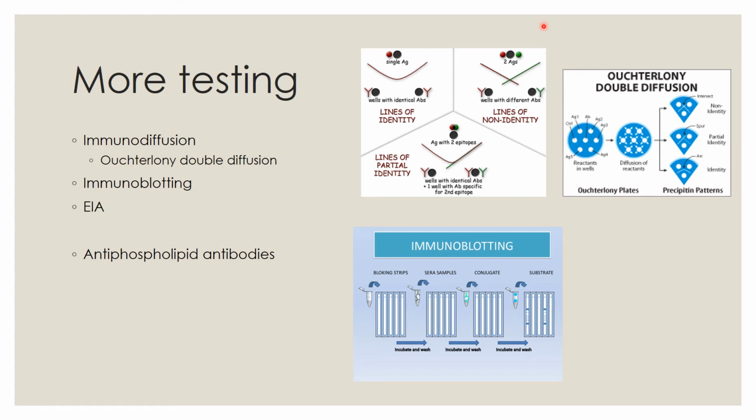And then we have one last thing I'm going to throw in here, the antiphospholipid antibodies. I'm throwing this in generally because it's kind of like the ANA, which is a screen for anti-nuclear testing. Antiphospholipid antibodies are also a heterogeneous group of antibodies that can bind to phospholipids alone or phospholipids that have been complexed to proteins.